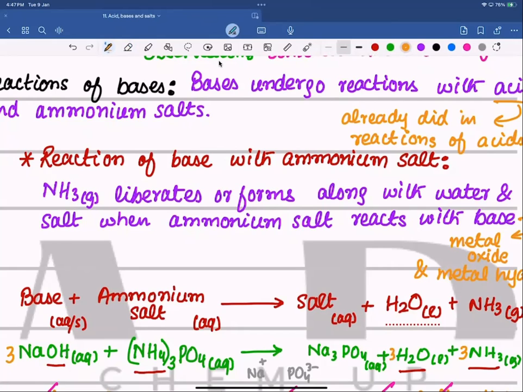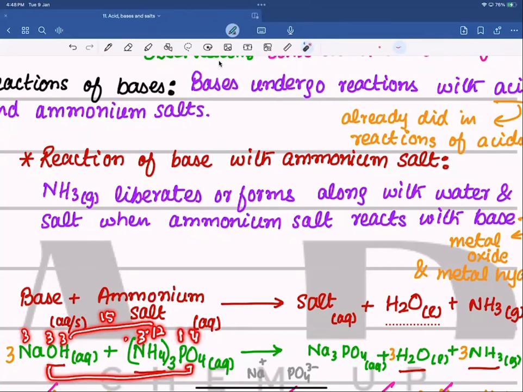Now the equation is balanced. 3 Na, 3 Na, 3 OH, 3, 3, 3, and here we got 3 and 12 hydrogen. In total, we have 15 hydrogens and 1 phosphorus, and how many oxygens? 4 and 3, 7.